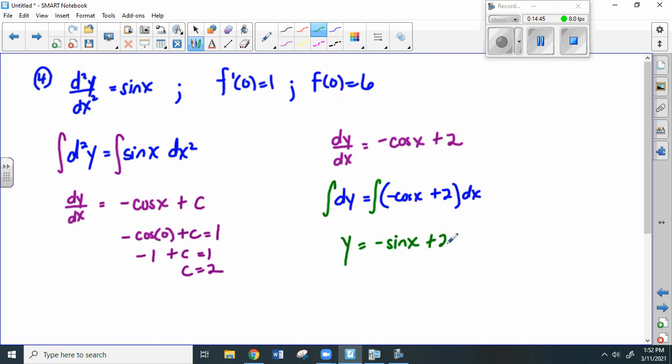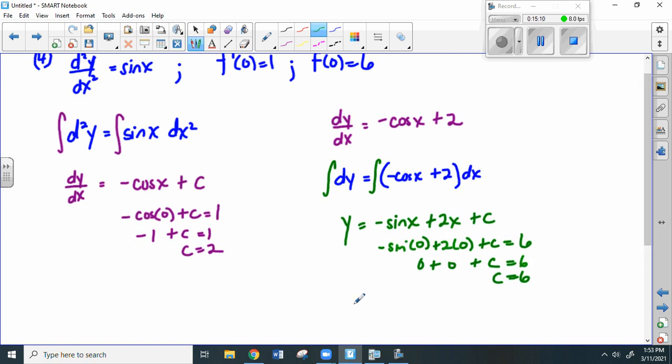The integral of 2 is 2x, and then I need to add c again. And then I find the new c. Well, f of 0 is 6, so that means when I plug in 0 for x, this thing should equal 6. Well, sine of 0 is 0. 2 times 0 is 0. So c ends up equaling 6.